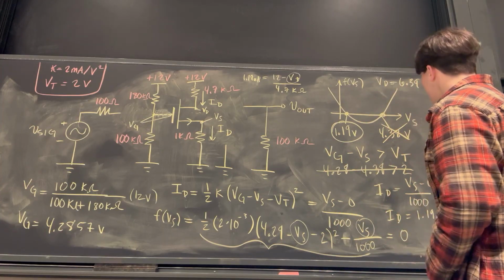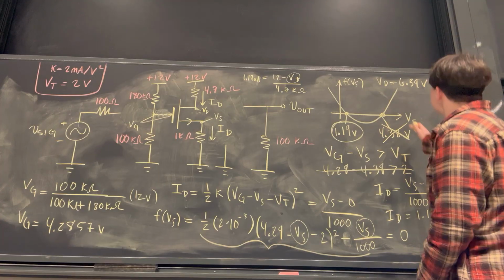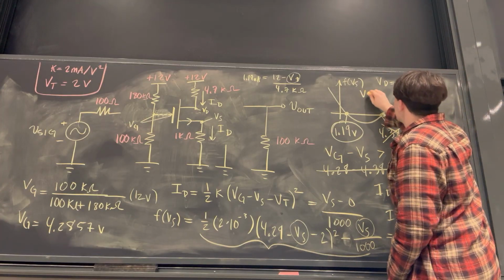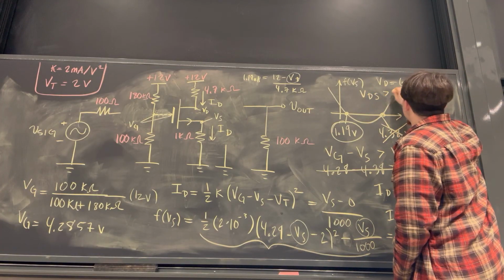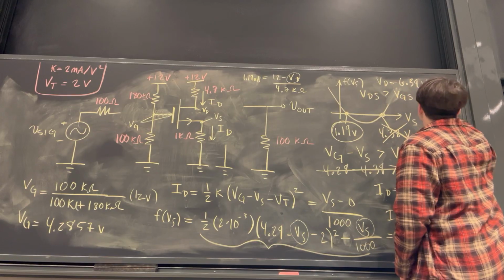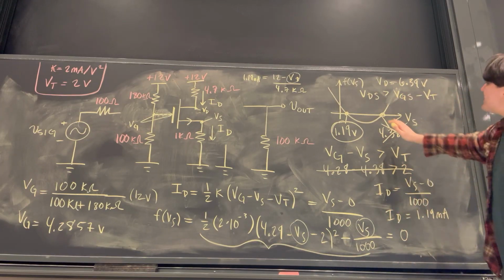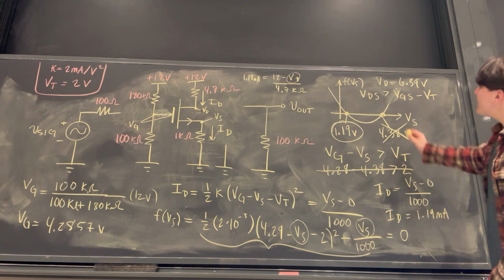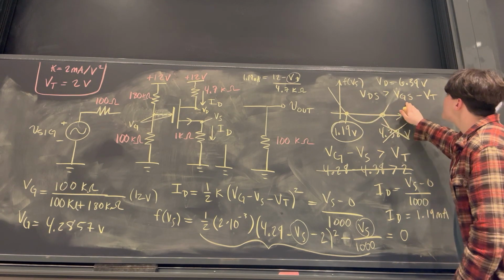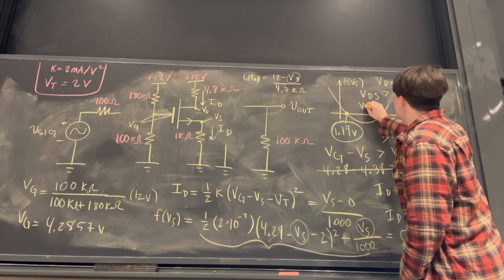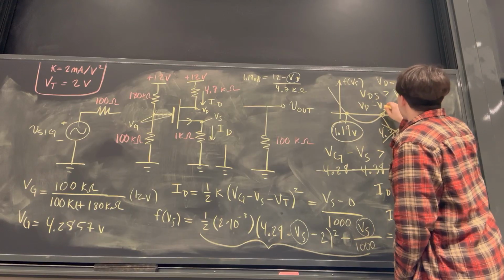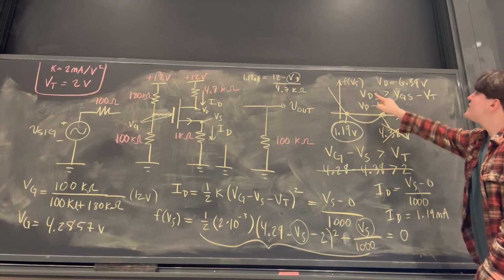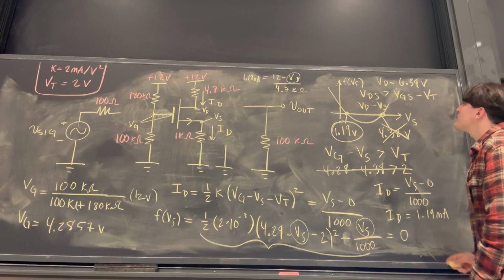The other condition for being in the active mode states that VDS has to be greater than VGS minus VT. You'll find this definition in textbooks, but what do these double subscripts mean? Well, this just means VD minus VS. VDS just means the voltage difference between the drain and the source.